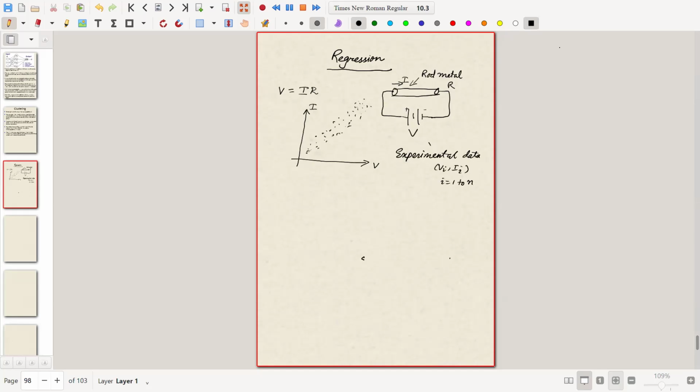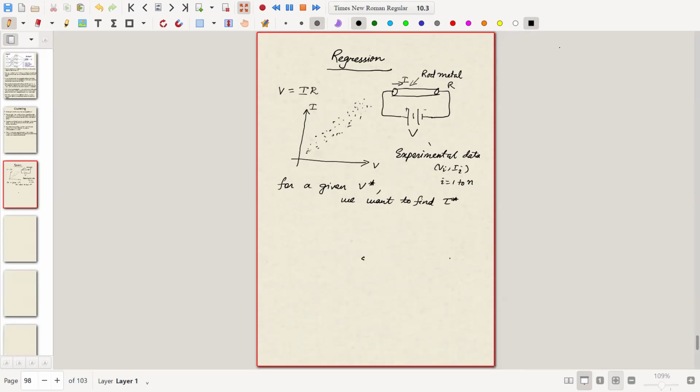Now, our idea is, suppose for a given voltage, say V star, we want to find what is the value of current I star. This is where regression comes into the picture.